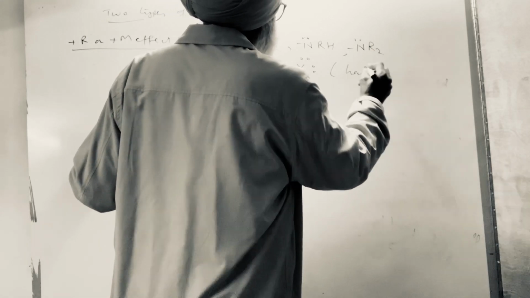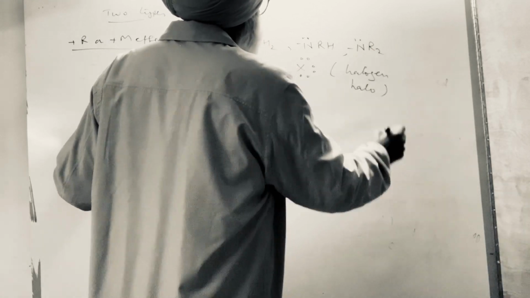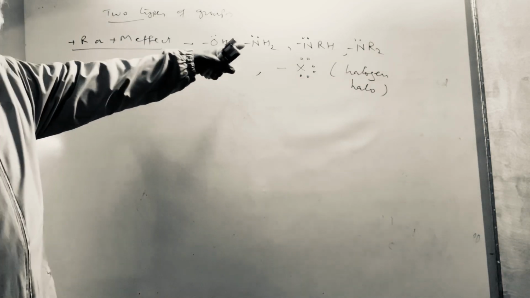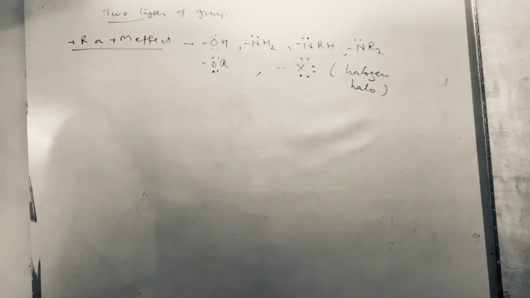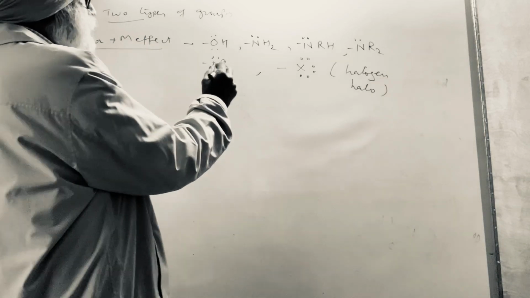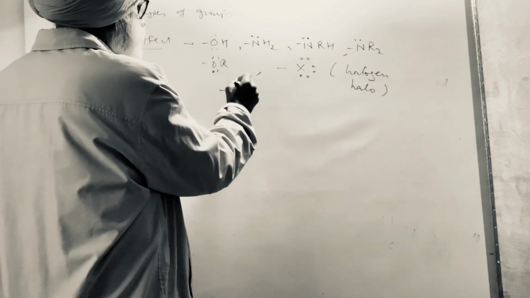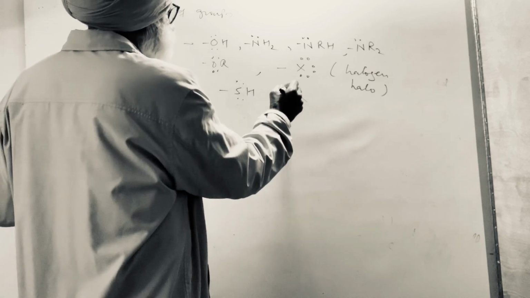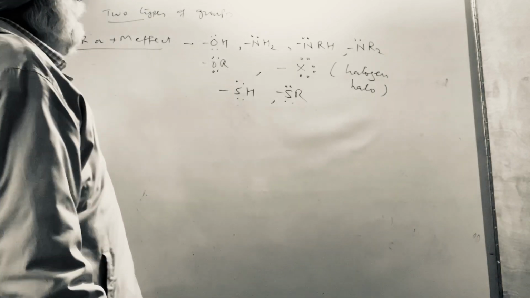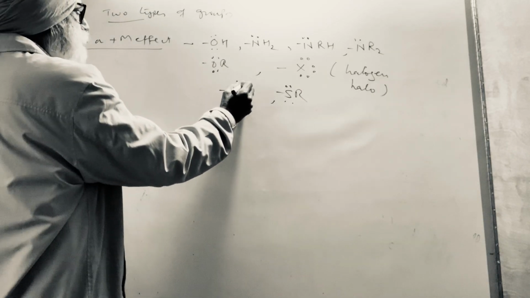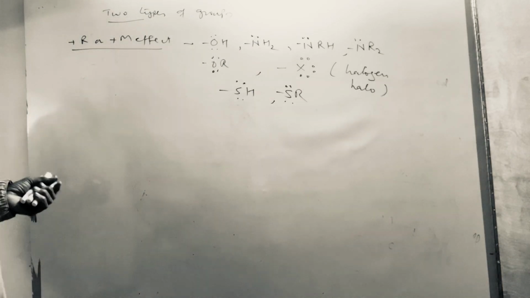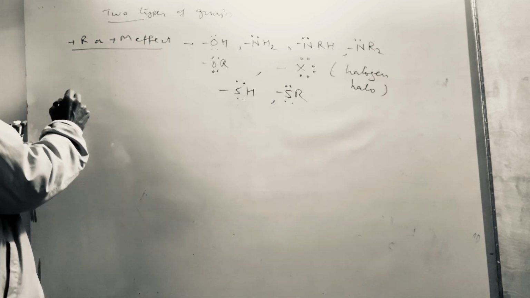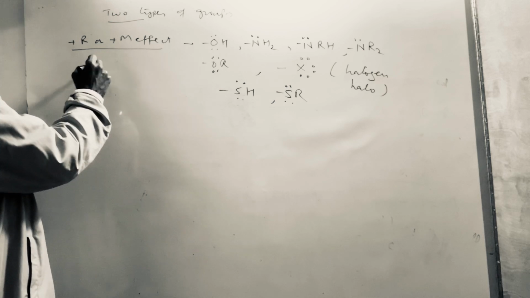It will be known as the halo group. It is the hydroxyl group, amino group, alkoxy group. Similarly, you can also have SH or SR. So here all of them have an electron releasing effect. All of them have an electron releasing effect.